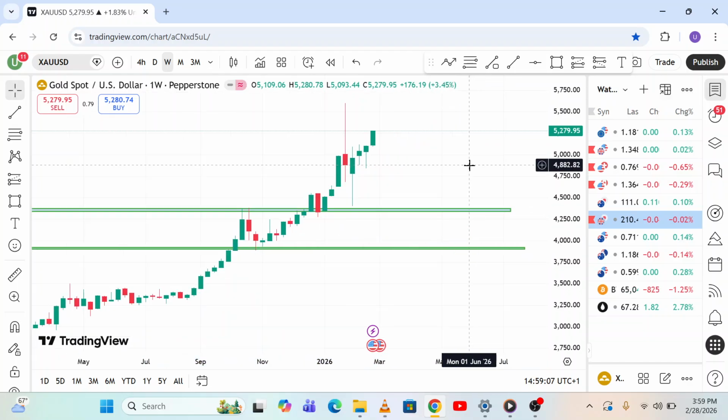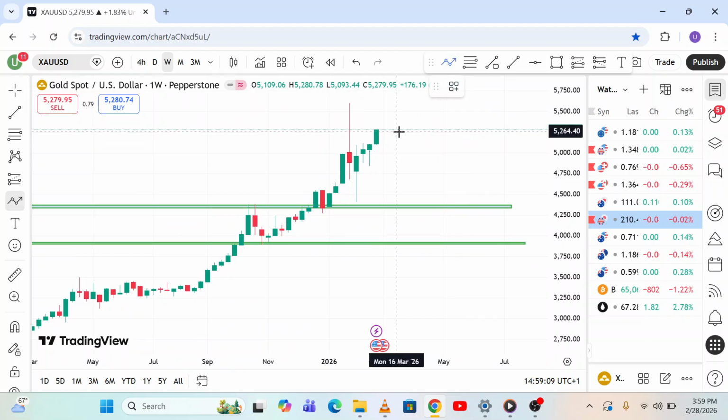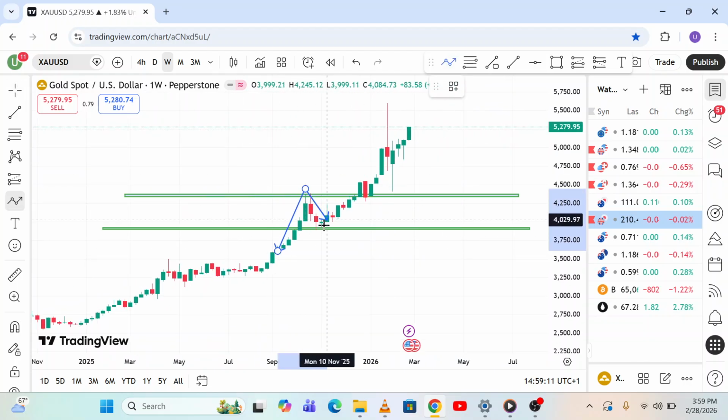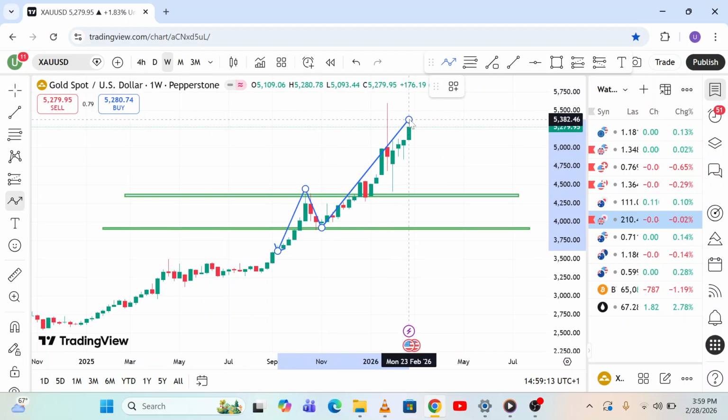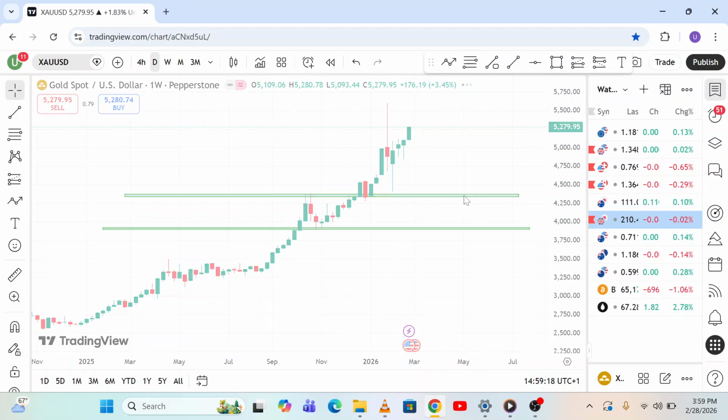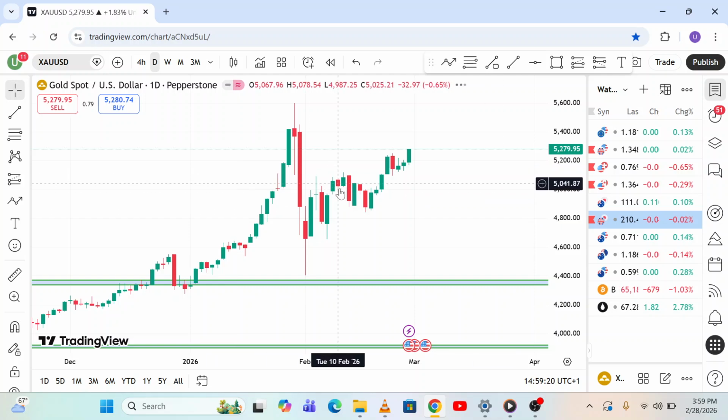As you are seeing, we are seeing the uptrend by forming higher high, higher low, break of structure, higher high, higher lows. And let's go in daily time frame to see what's really going on.